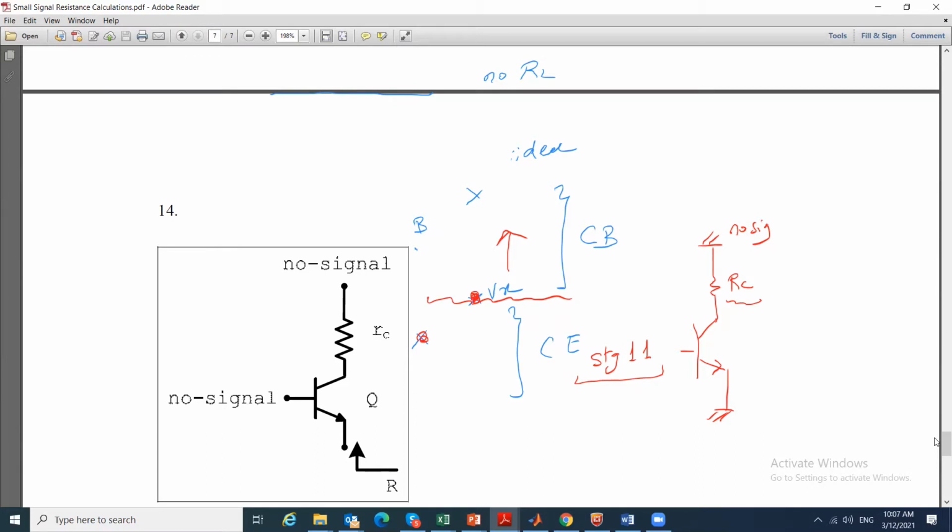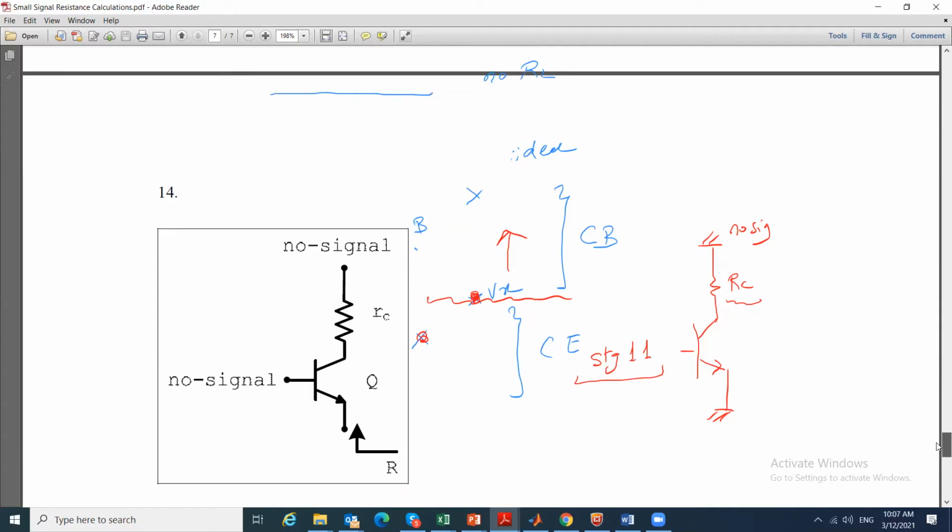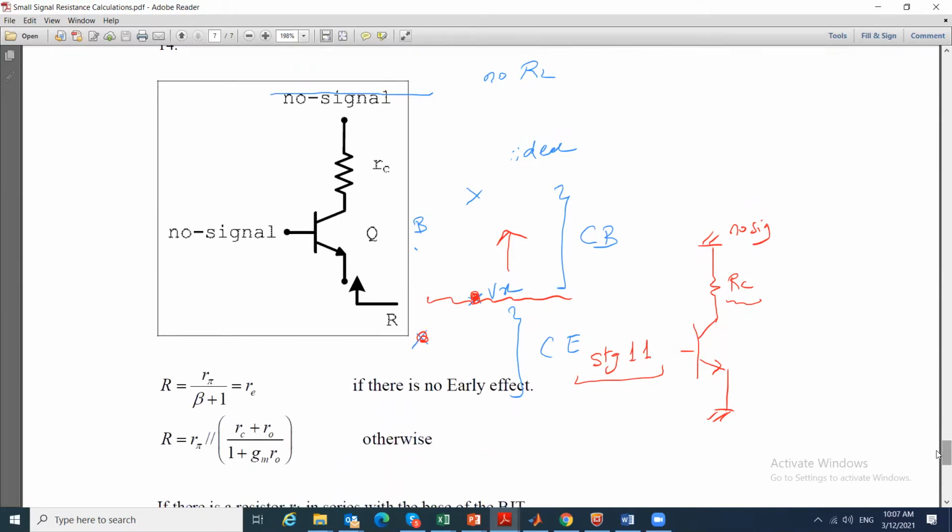So if I am looking into an emitter of the BJT with some resistance connected at the collector, then the equation says that the effective resistance looking into a BJT from its emitter with the base grounded and no signal here is, if there is early effect, equal to R pi parallel to (RC plus RO) over (1 plus gm RO).